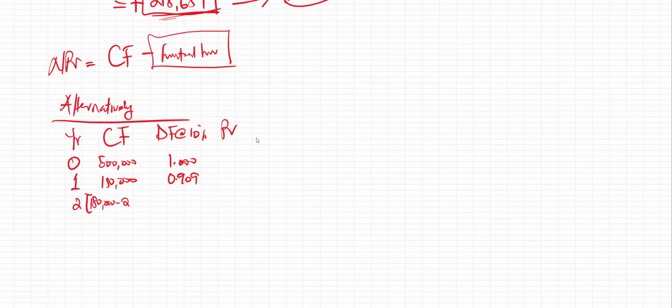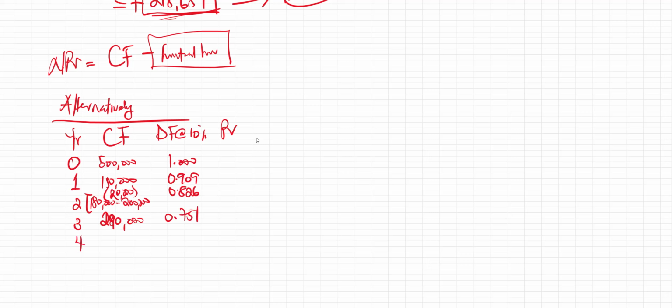They will clash, resulting in an outflow of 20,000, also at 0.826. Then year 3, you have 290 at 0.751.